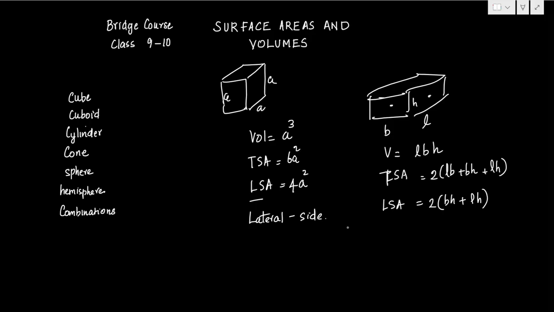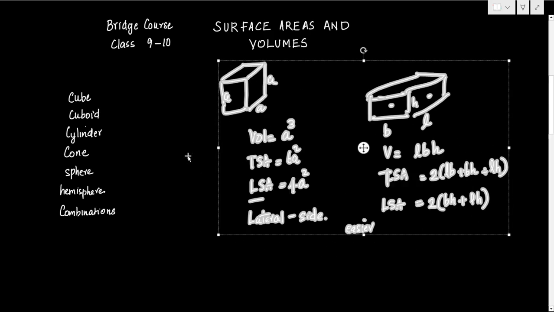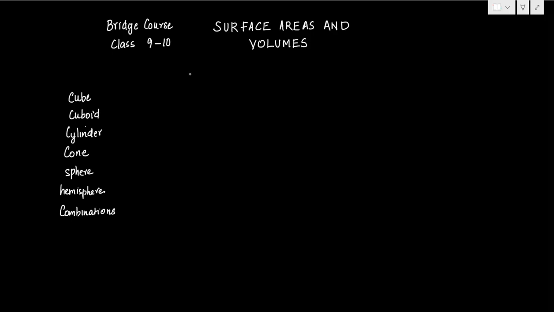Cubes and cuboids are some of the easier ones. We will look at cylinders, of course, I'm pretty sure you must already be aware of, just in case. So this is the height, this is the radius, the volume equals pi r square h, and the curved surface area, which is the side surface area, is 2 pi r h.